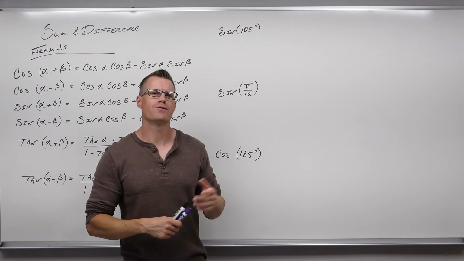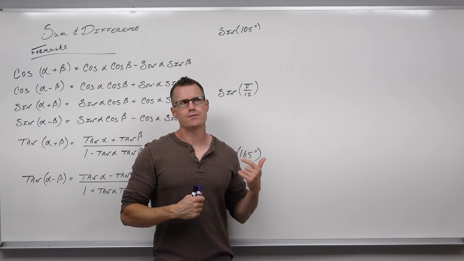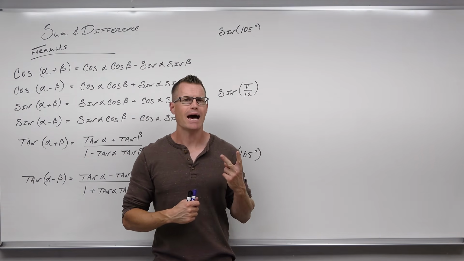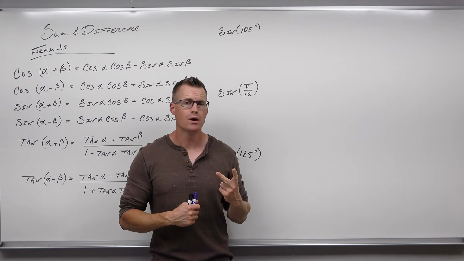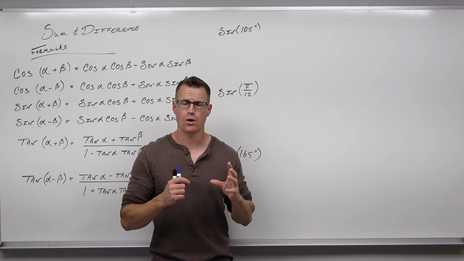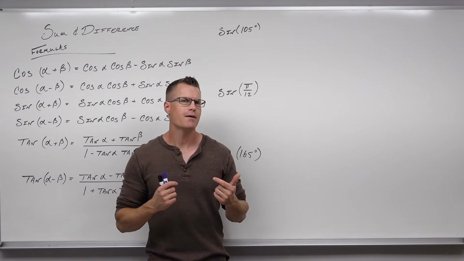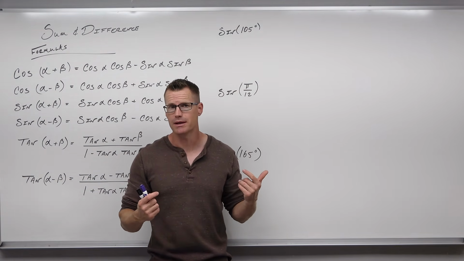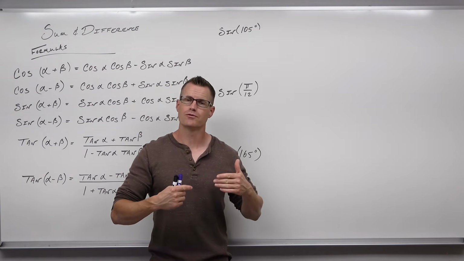So let's think of 105 degrees. Can you think of two angles that add up or subtract to 105 degrees, both of which are on your unit circle? You might have a couple solutions, but the easiest one in my mind is 60 degrees and 45 degrees.